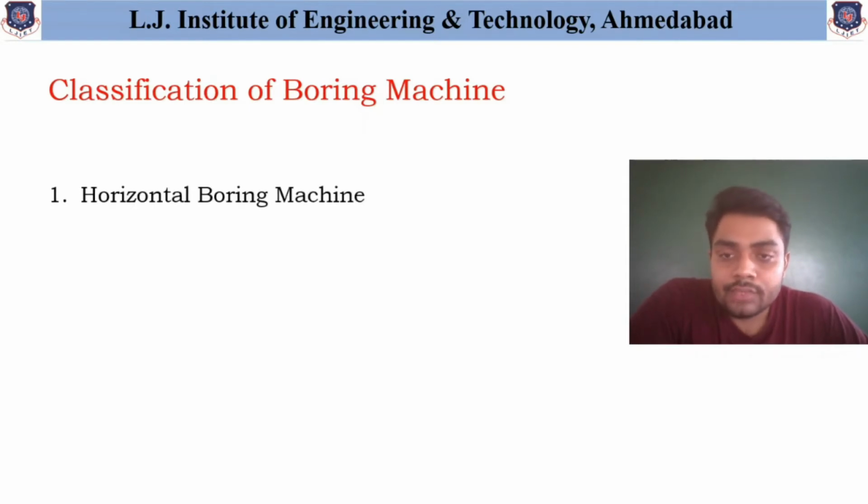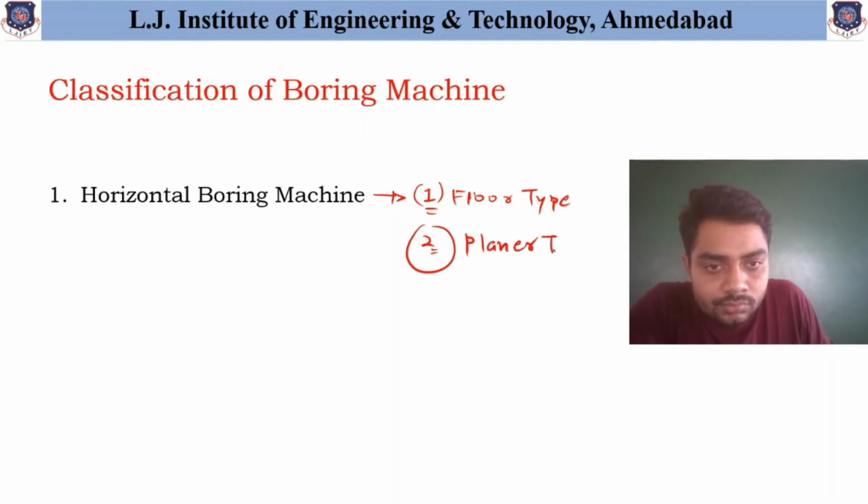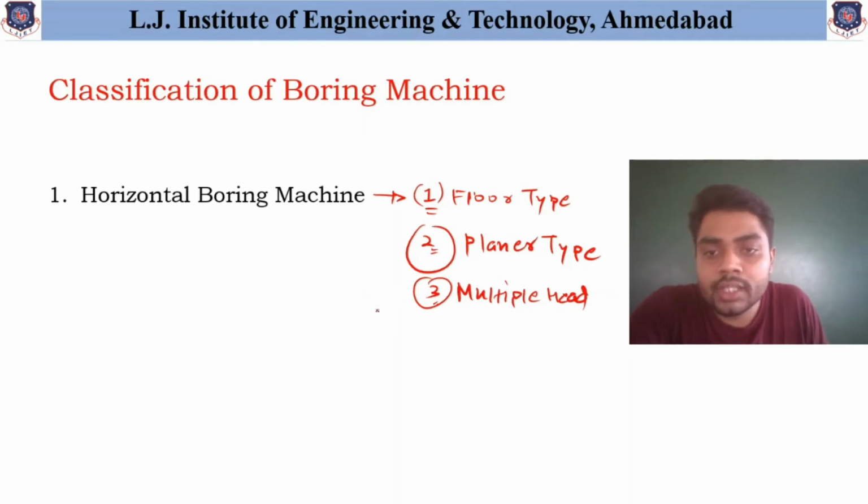The first classification is the horizontal boring machine, and this horizontal boring machine is also available in different varieties, from which the first subtype is the floor type, the second one is the planar type, and the third one is the multiple head type. So these are the subdivisions of the horizontal boring machine.